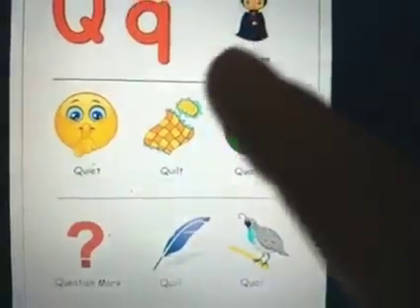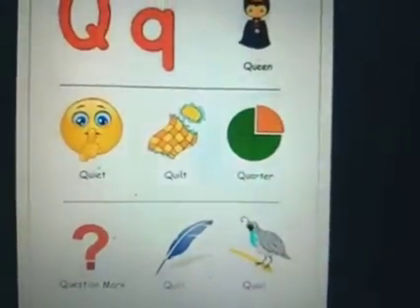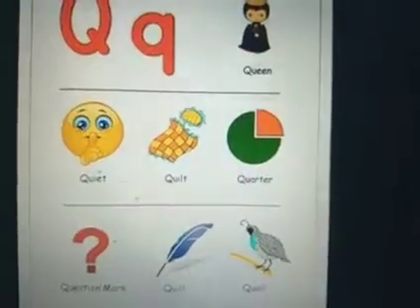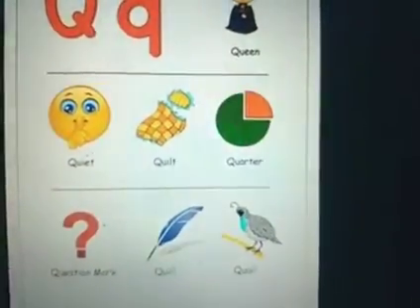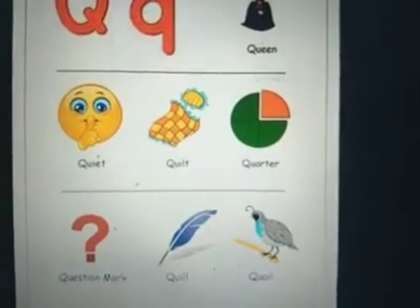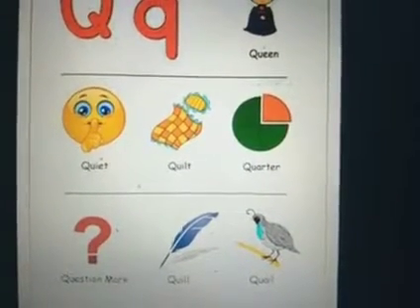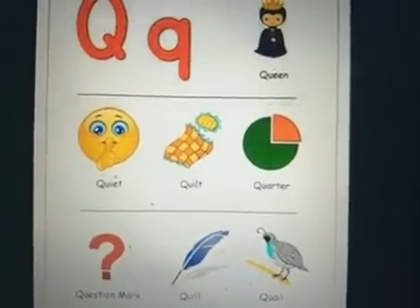Now you saw all these pictures began with the sound Qu. And something new that you noticed is the letter Q is always followed by the letter U, and we read the sound as Qu.